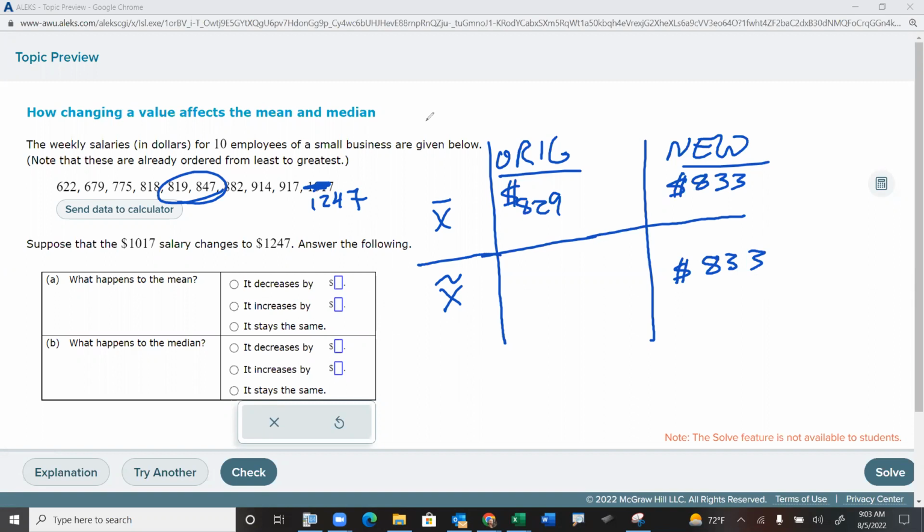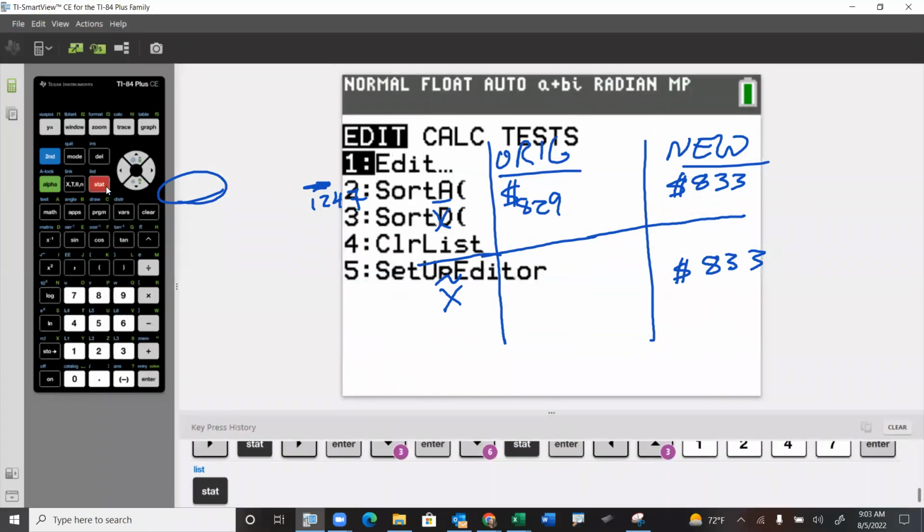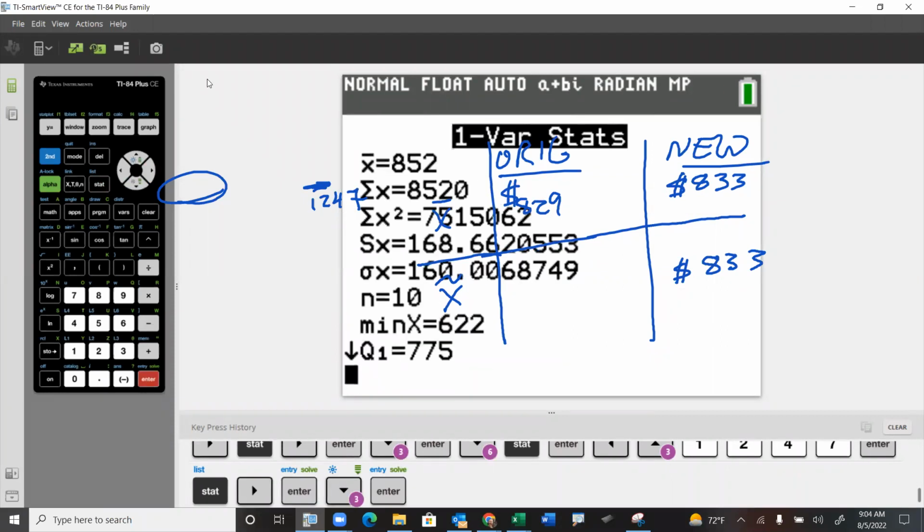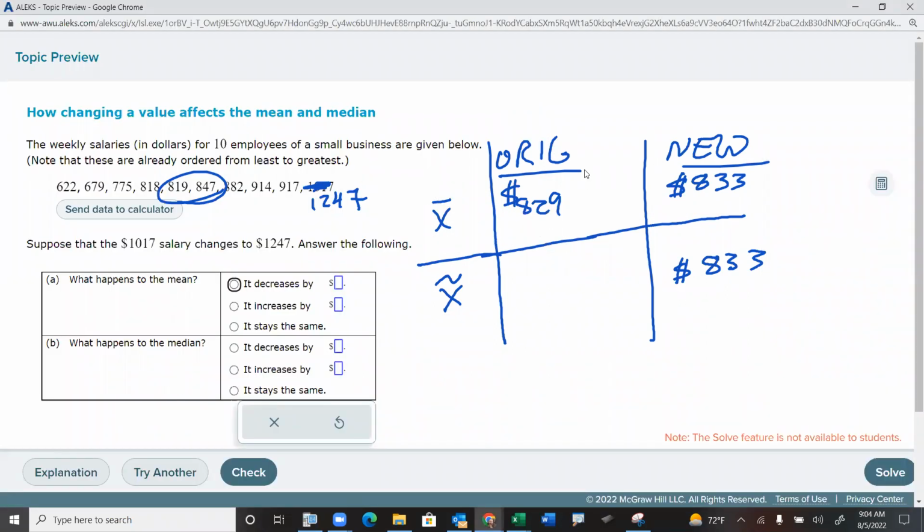But what about the mean? Well, remember the mean, you add them all up, divide by how many you add together. And now you're going to add on a number that's even bigger, and therefore the mean will change. All right. So if I go stat, right, enter, and then down, the mean has changed to 852. So the mean went up $23.